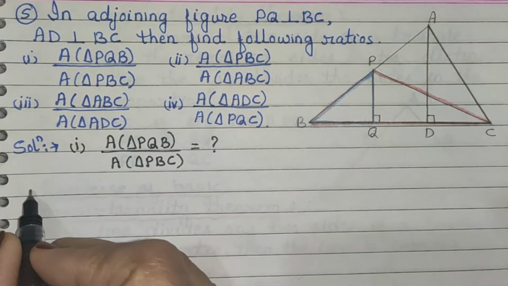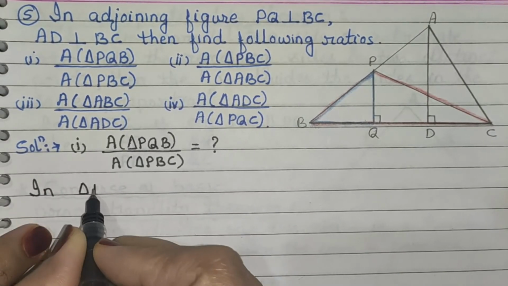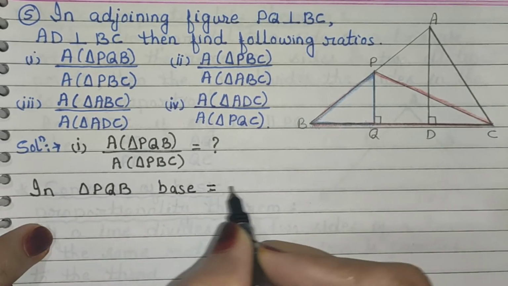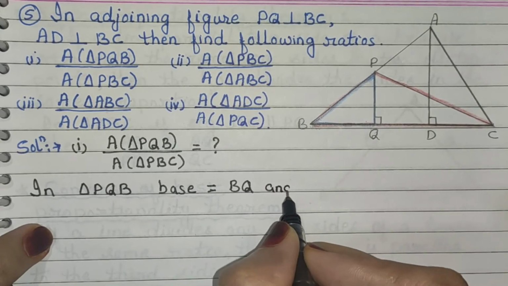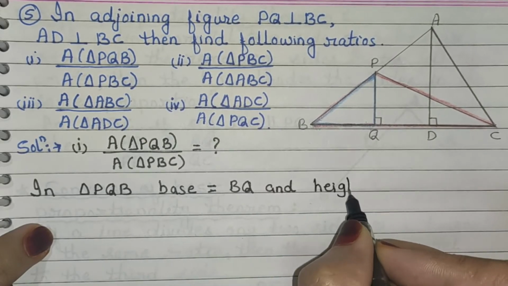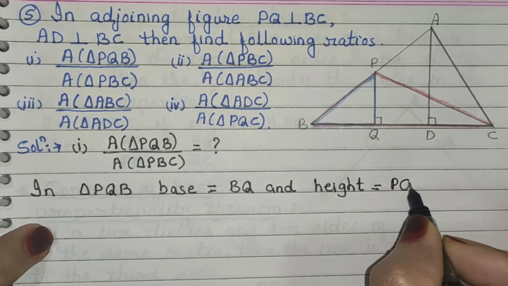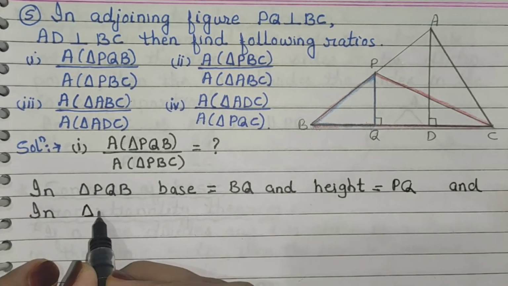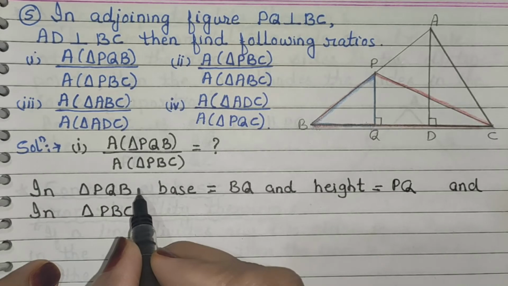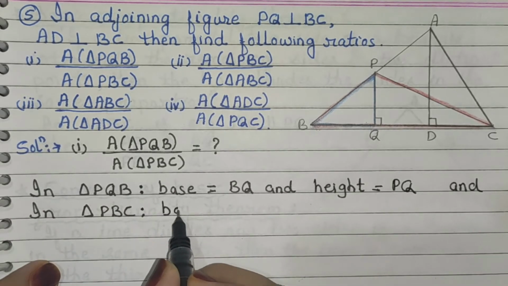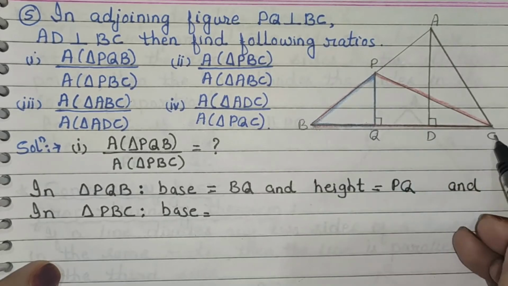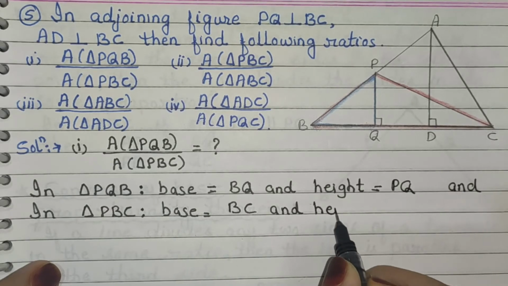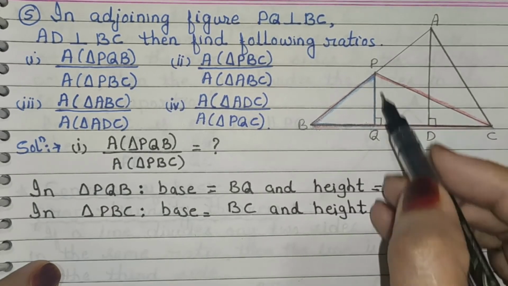Therefore, write on here: in triangle PQB, base is equal to BQ and height is equal to PQ. And in triangle PBC, base BC and height is equal to PQ.